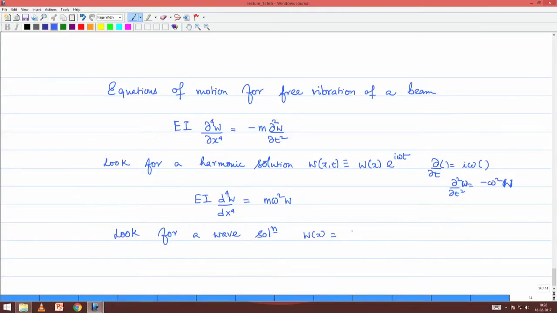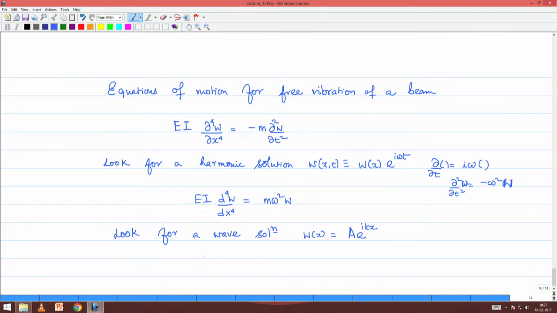As we have seen in acoustics also, a wave solution essentially means the temporal dependence and the spatial dependence have to be of the same form. So, what we are looking for is a function of this form, possibly with some constants, because this is a linear equation, into e to the power i k x, because e to the power i omega t is the complex dependence that we have taken for the time variable.